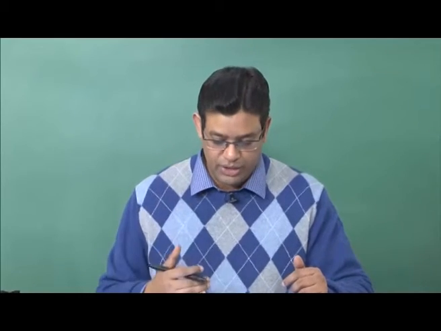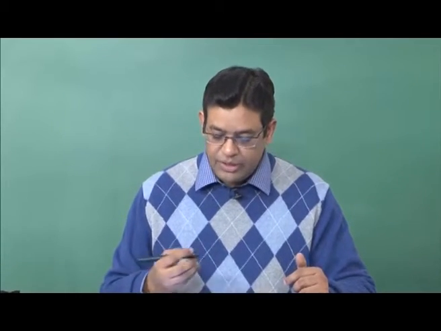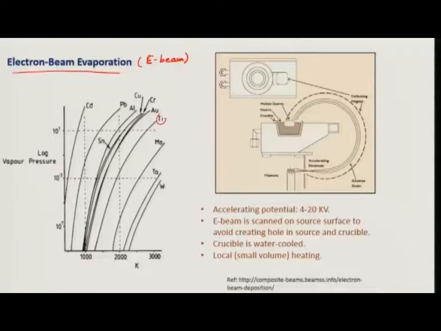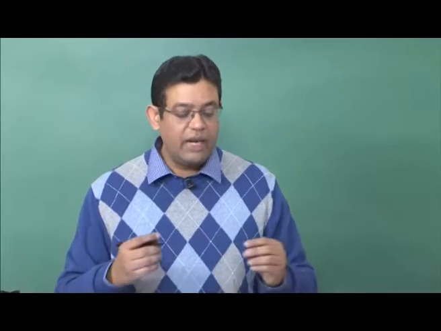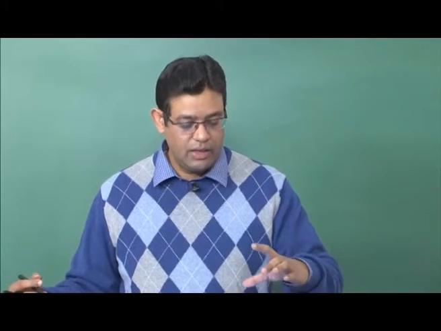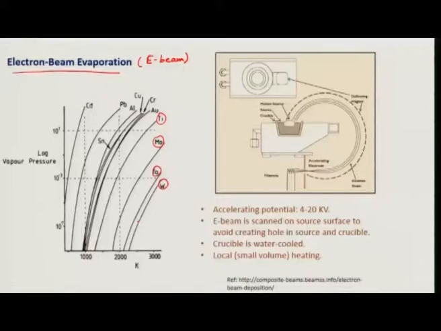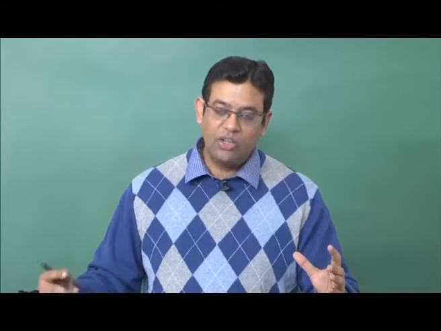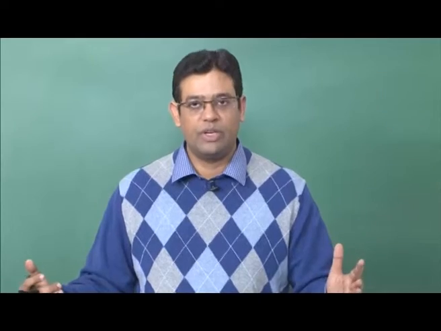But some of the materials like titanium, molybdenum, tantalum, tungsten, we cannot get that pressure at, say, 2500 Kelvin, which is very high. Of course, if we increase the temperature we can get high enough vapor pressure, but then it would be very energy consuming or non economical for production.